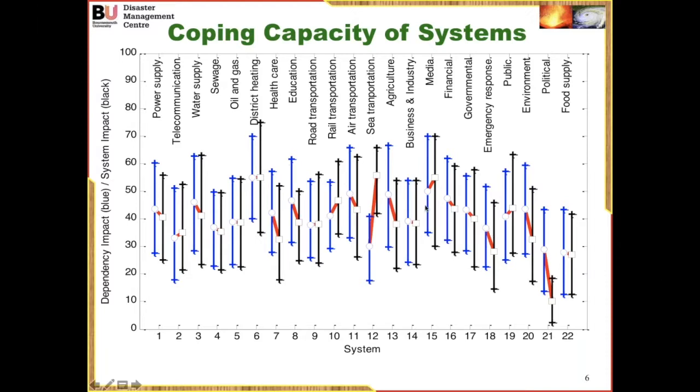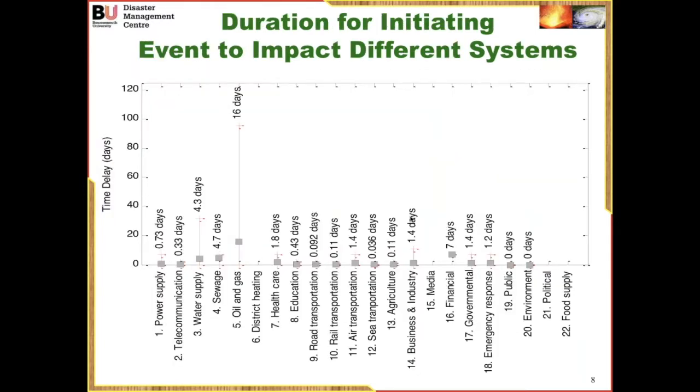And this also applies to the other systems. From this result, it can be concluded that the coping capacity for different systems may vary considerably, meaning that some systems are less affected than other systems. So in the analysis of the systems that can be impacted, you need to know the systems that can be more affected and the systems that can be less affected. That is what this slide tries to show, though I don't think we have enough time to go into the detailed explanation.